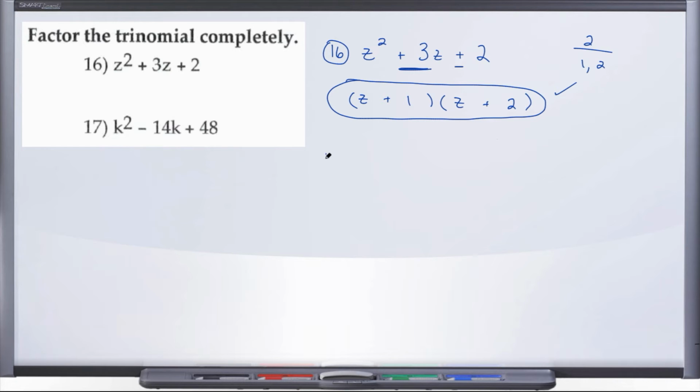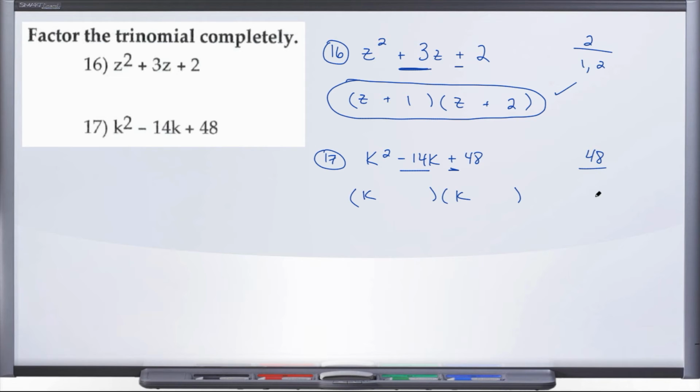All right, let's take a look at 17. So we have k squared minus 14k plus 48. Again, this is a trinomial. The coefficient in front of our squared term is 1. So I'm going to go ahead and create the set of blank parentheses. We're working with a k, so let's go ahead and fill in that k. And now we're looking for factors of 48 that add to give us negative 14.